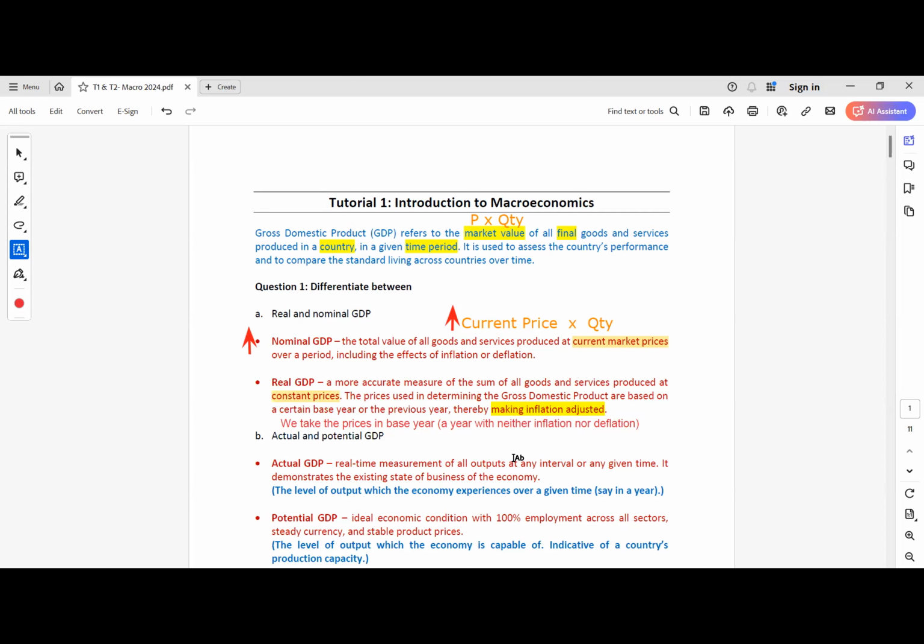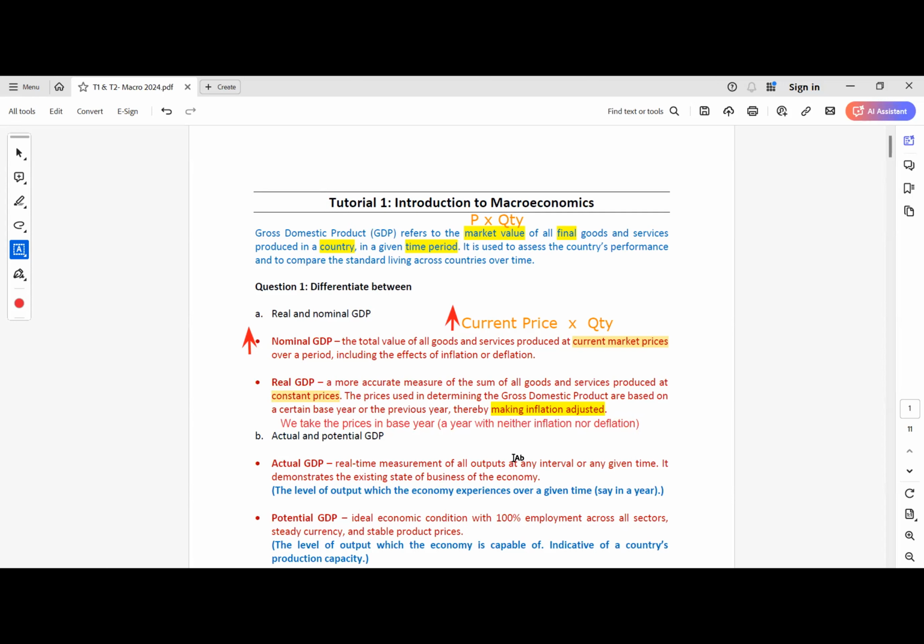That means this is the most accurate price that we can take, because in that year, for example 2010, there's no very high inflation or deflation. So we take the price at the base year times the quantity that we produce.